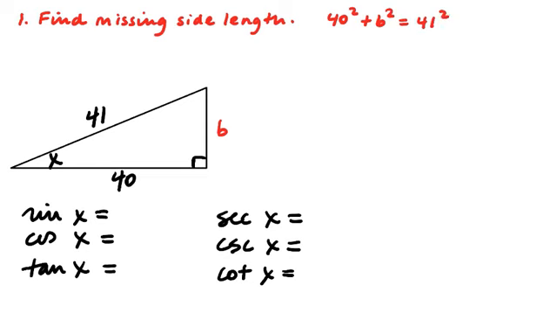I'll tell you that 40 times 40 is 1600 plus b squared. And 41 times 41 is going to be 1681. Meaning that b squared has to be 81. So b has got to be 9. B is not going to be negative 9. We're not interested in triangles with negative side lengths, at least at this point. So I'm going to replace that with 9.